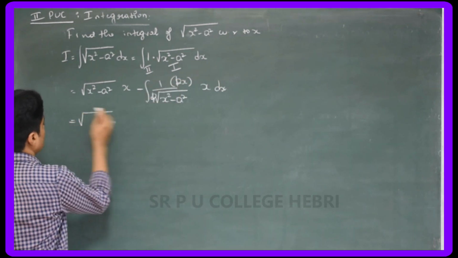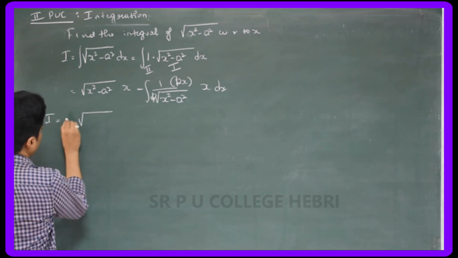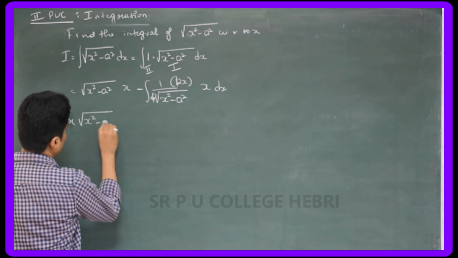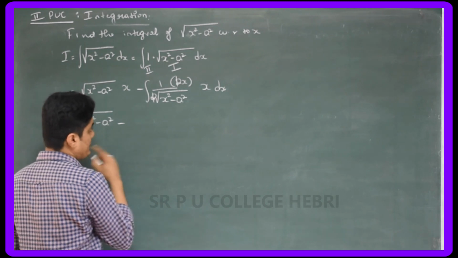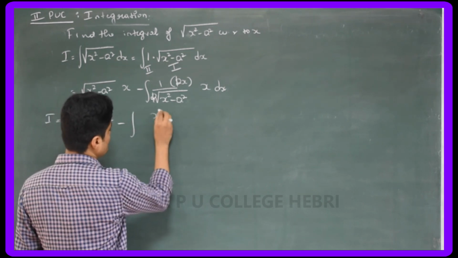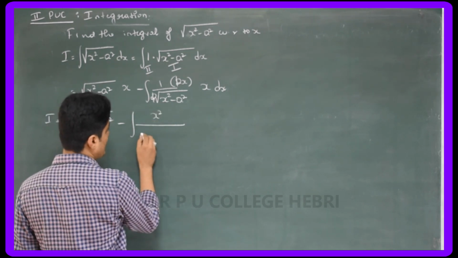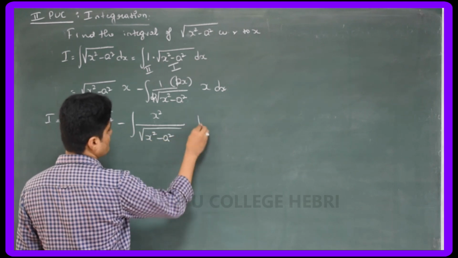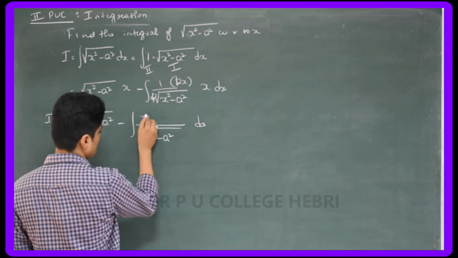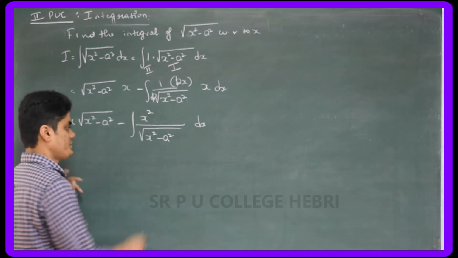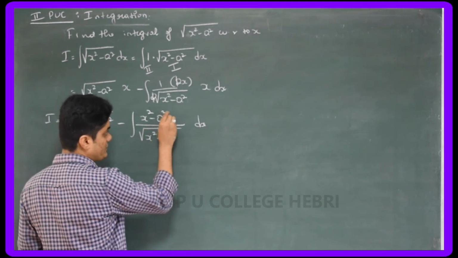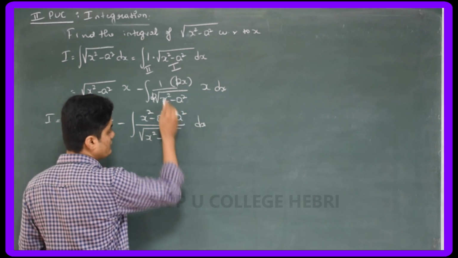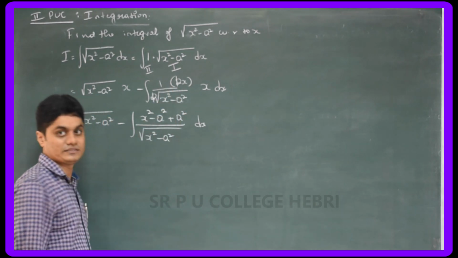So I is equal to x into root of x square minus a square. Here you keep that minus sign outside, not an issue, because here we have plus. So minus integration of x square by root of x square minus a square dx. So first you subtract here, then add, first subtract, then add.